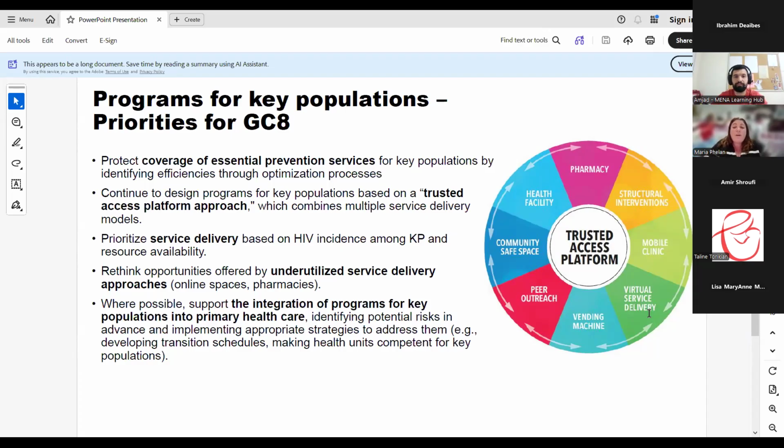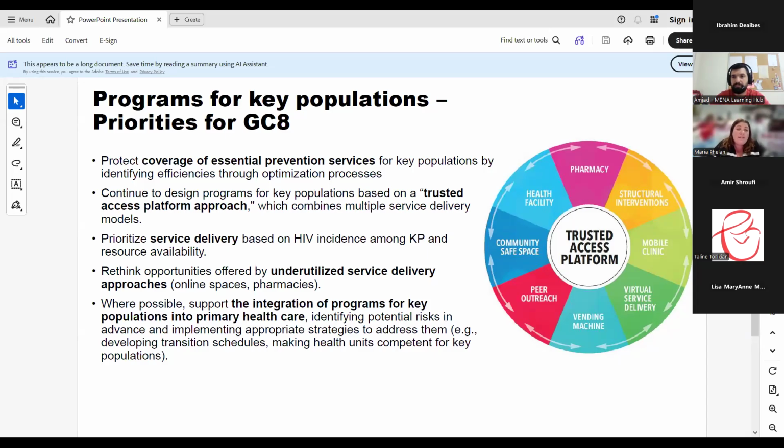So I think the priorities really are around protecting the coverage of essential HIV prevention services for key populations. And this may be, in some situations, given the tightening fiscal landscape, through identifying efficiencies through optimization or adaptation. And we'll talk about that a little bit more in a moment.